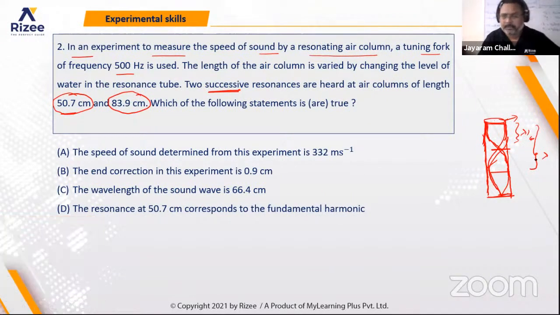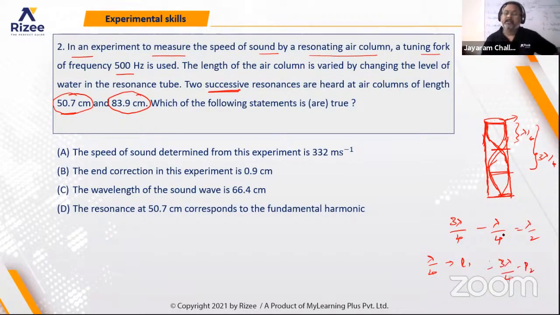The distance between them is 3 lambda by 4 minus lambda by 4, which is equal to lambda by 2. Lambda by 4 is called the first resonating length and 3 lambda by 4 the second resonating length. Since it's a closed tube, the frequencies will be in the ratio 1:3:5:7:9:11 and so on.